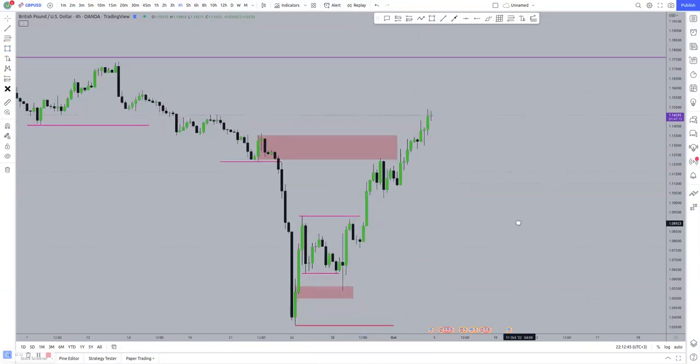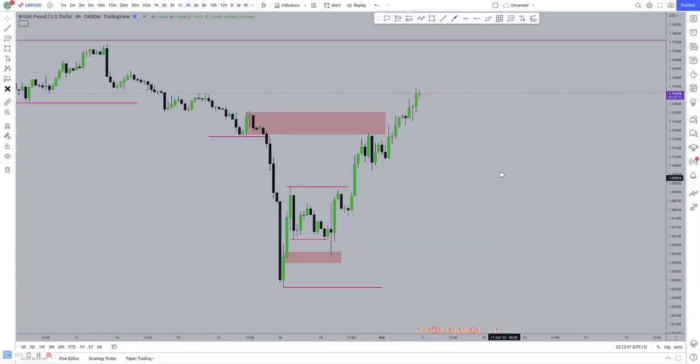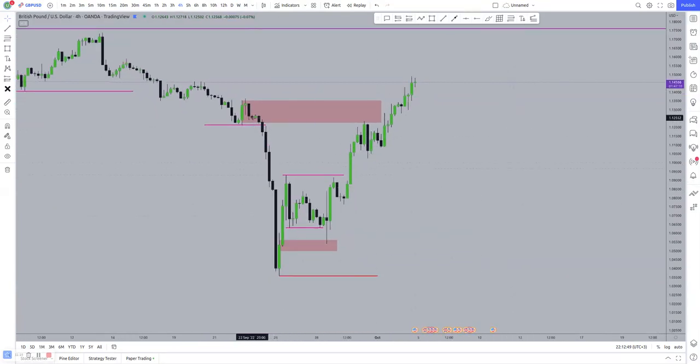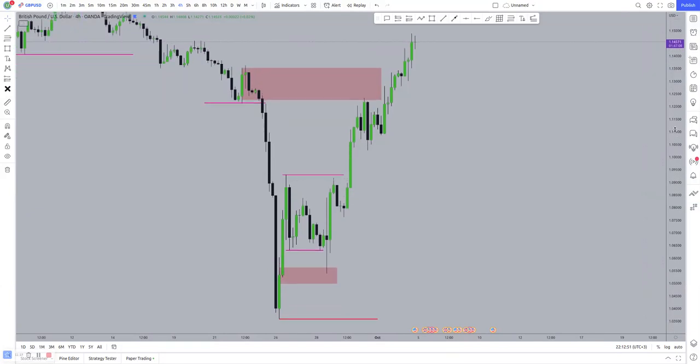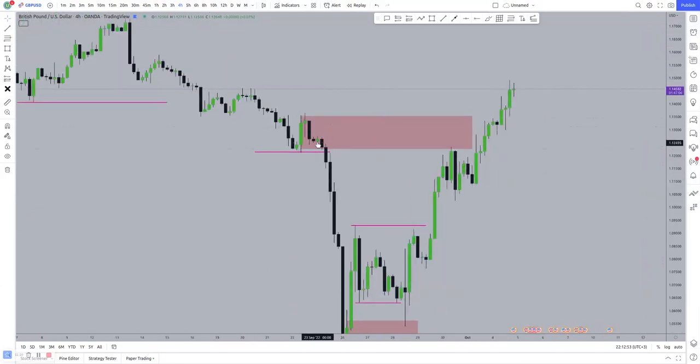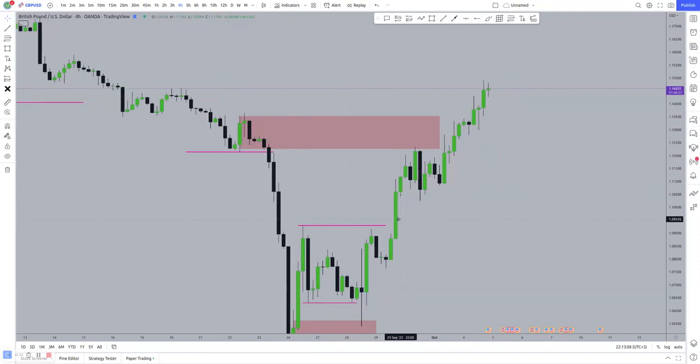Now I know you're going to call this small candle the order block. To me, I don't call this the order block. My order block is this candle here. But the video is not about order blocks.